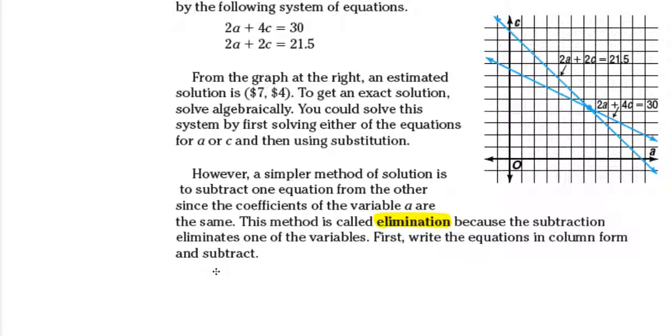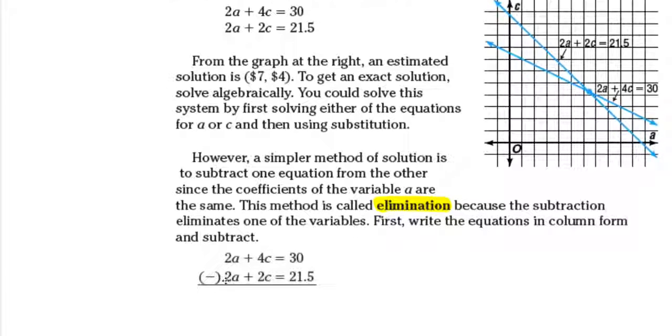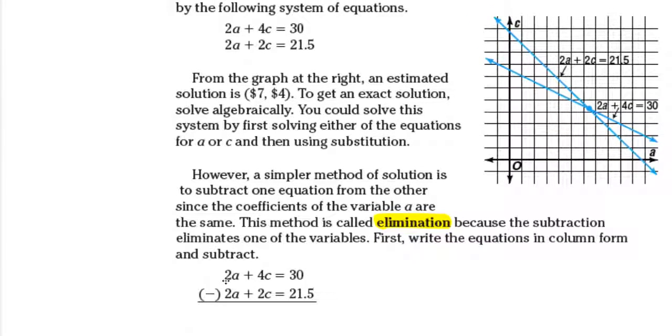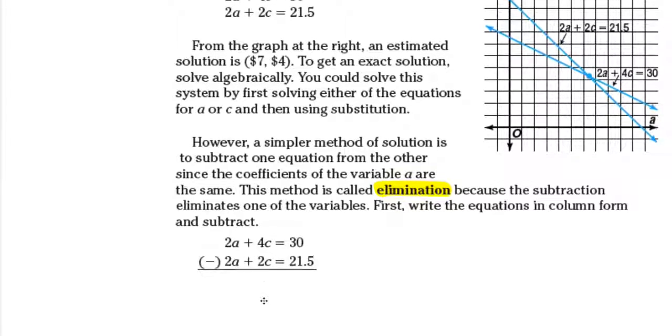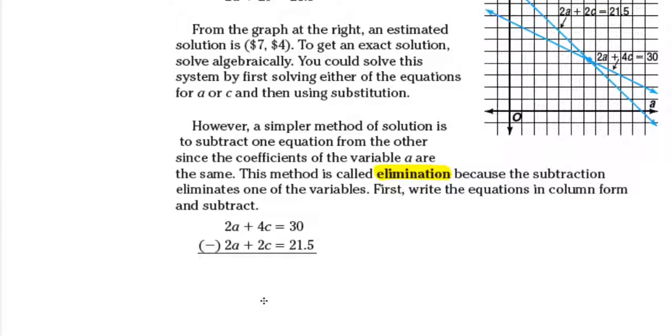So we write 2a plus 4c equals 30, minus 2a plus 2c equals 21.5. The reason it's called the elimination method is that you want to eliminate one variable so that you are left with only one variable to solve for.